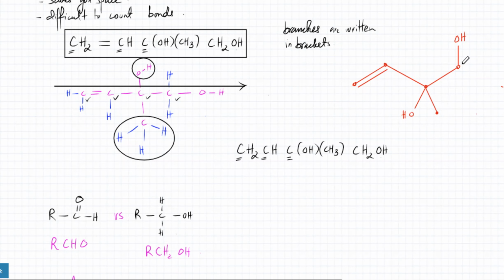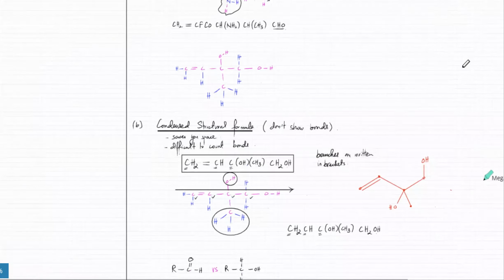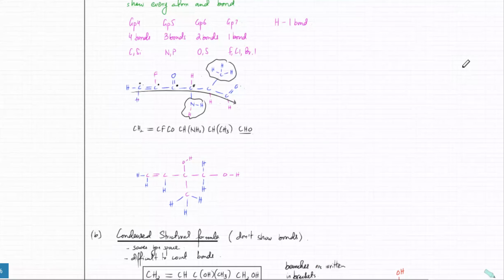And that one, there would be how many H's? 2. So remember, you can always add in the hydrogens later on. So the skeletal formulas are like this, and you should be good with that.